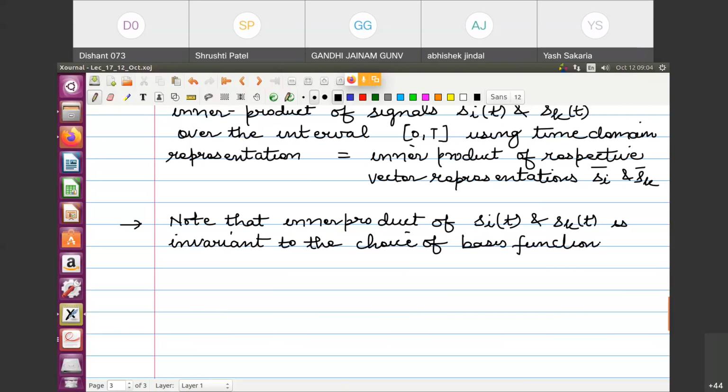I think you must have studied this earlier, but right now it needs to be mentioned because it is important from the context of our signal spaces.